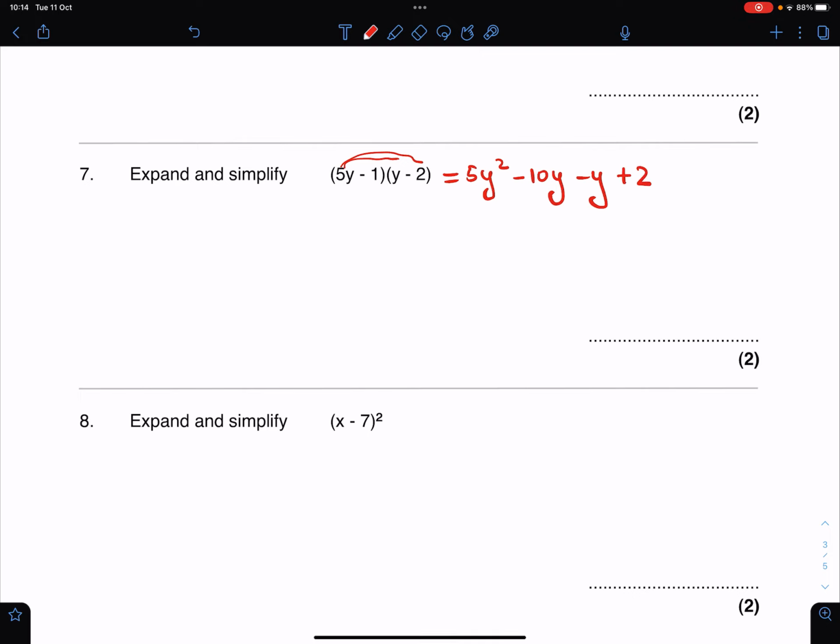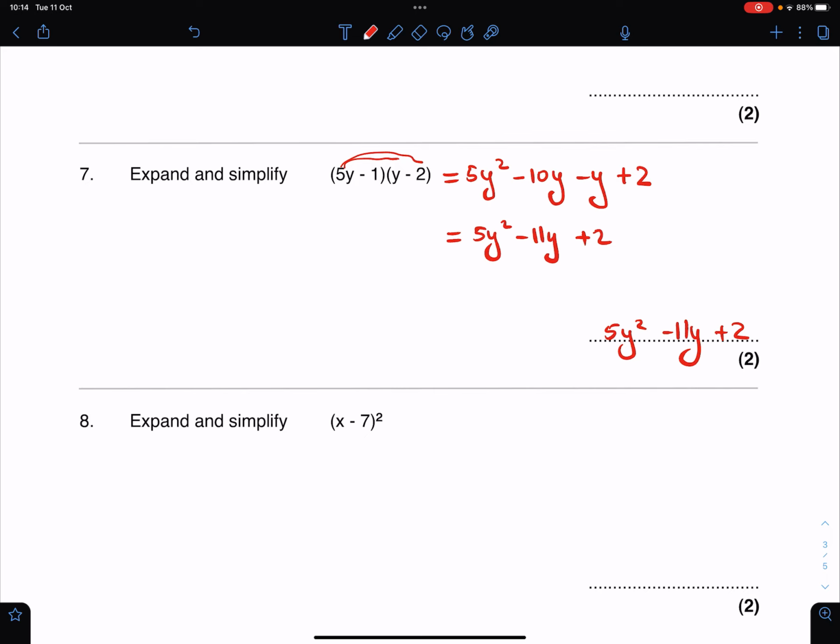Positive 2. Negative times negative gives us a positive answer. So I'm going to have 5y squared, negative 10y minus y would be negative 11y, plus 2. So the final answer is 5y squared minus 11y plus 2.